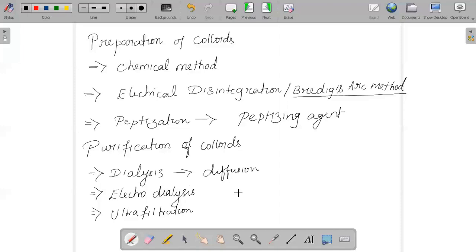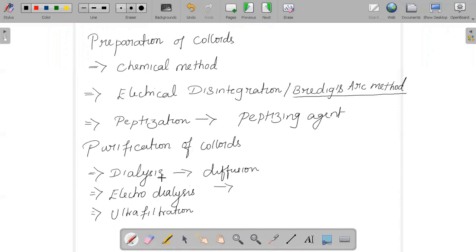And the other method which we are using is called electrodialysis. Basically, dialysis is a slow process, and the speed can be enhanced by applying an electric field using metal electrodes.